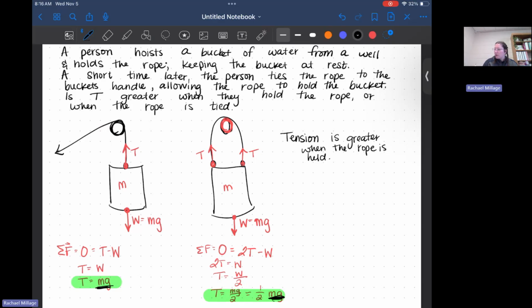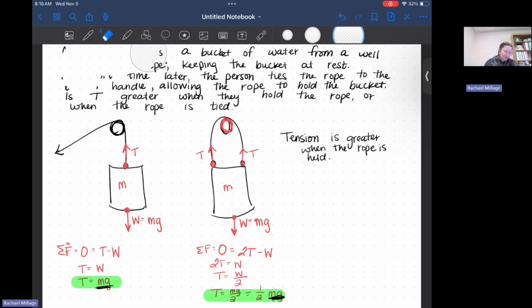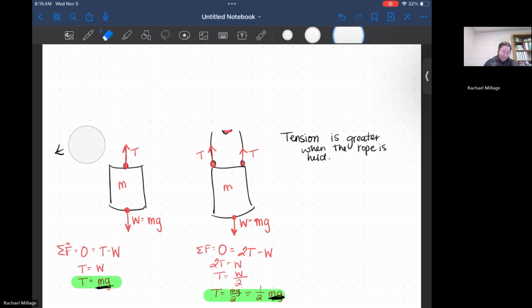Okay, we're going to do one more problem with equilibrium and tension to make sure that we really understand this.